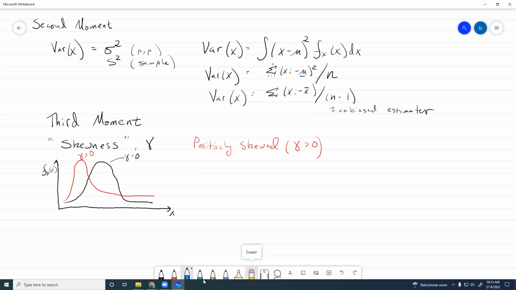And then we have negatively skewed. That means smaller or negative values, there's more of them that are extreme than in a symmetrical distribution.